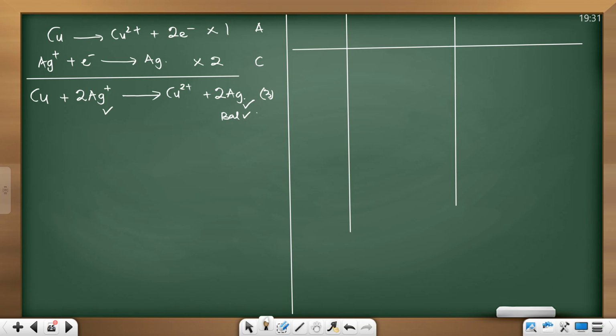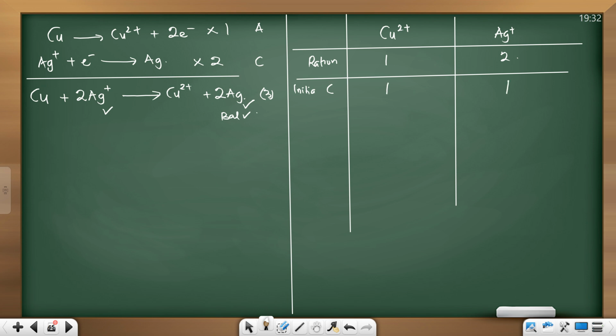Let me see something here quickly. What's the ratio? Copper 2+ is 1, right? And Ag+ is 2. I'm trying to use the table. What is the initial concentration? They are both 1 mole per dm cube.